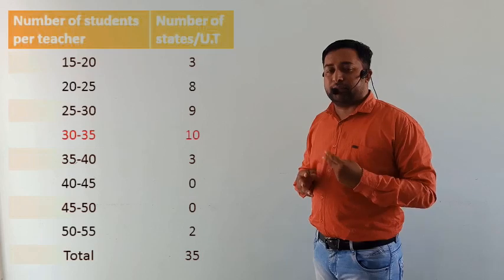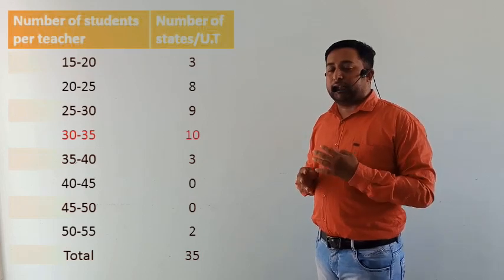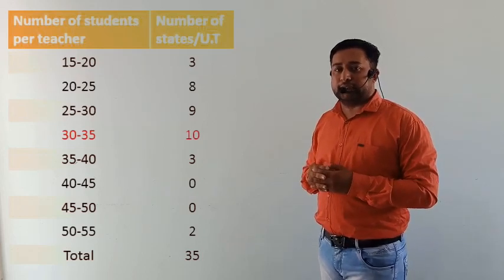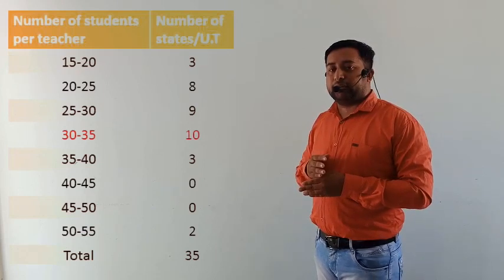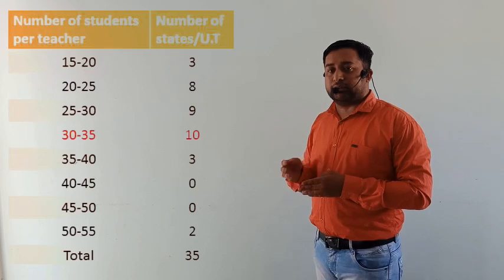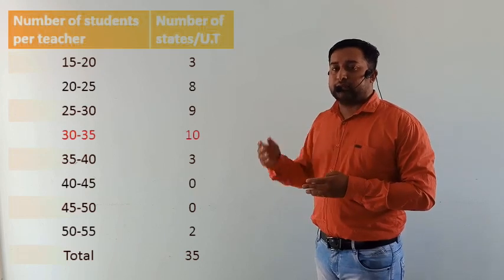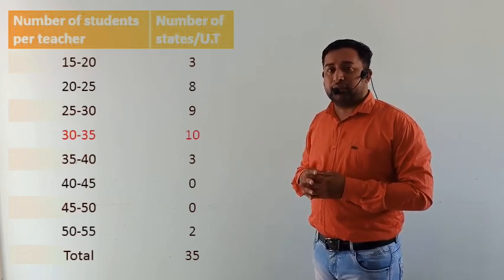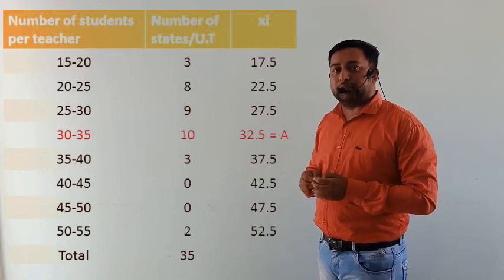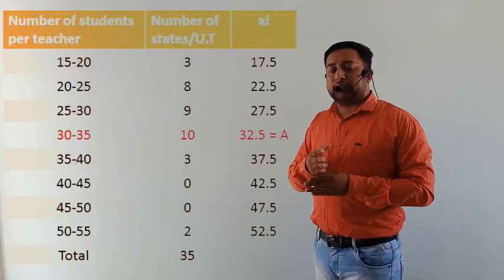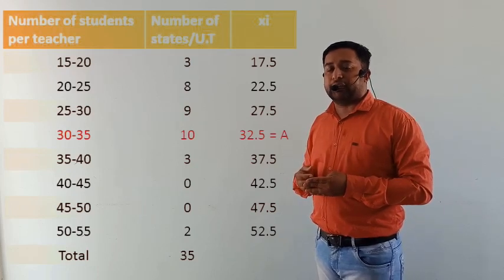Our first two columns will be the same: number of students per teacher and number of states or union territories. What was our class? 15 to 20, 20 to 25, 25 to 30, 30 to 35 was the class, and the frequency was given in the question. Our third column is the midpoint. The formula for that is lower limit plus upper limit divided by 2.